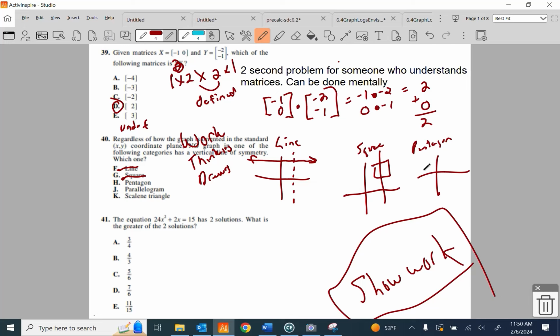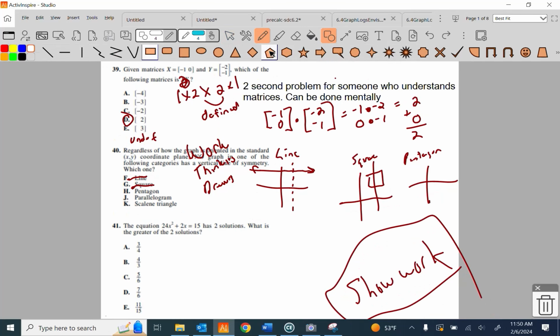Let's see if I've got the option to draw a pentagon up here. Be nice if I did. There she is. Can I cut a pentagon in half? Does a pentagon have a line of symmetry? Yeah, it's right there. So pentagon's off the menu.